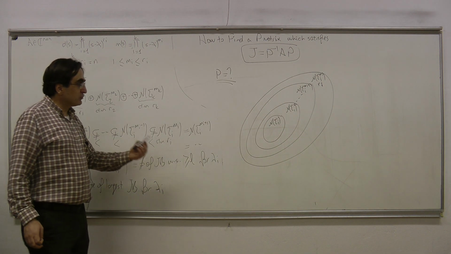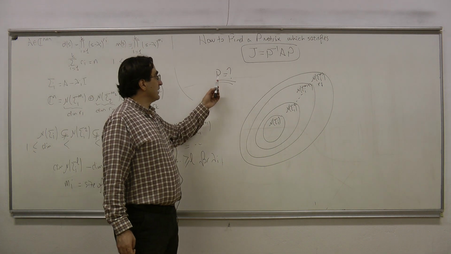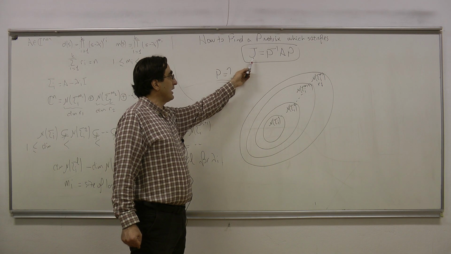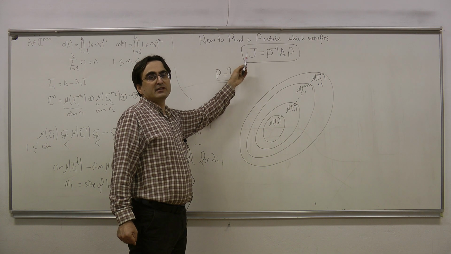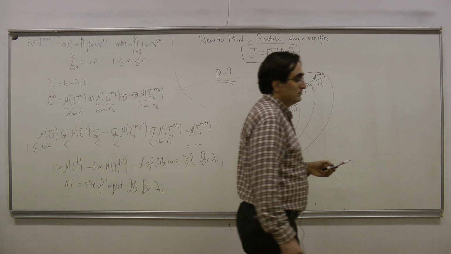Then I need to put them into my P matrix, and if I choose my basis vectors in a very specific way, I would see that the simple representation I obtain has the Jordan canonical form.